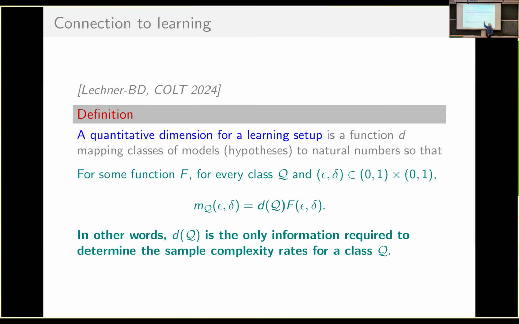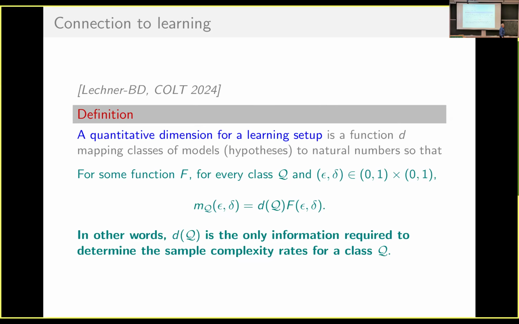You want to have a learning rate. And a dimension is a characterization of the family such that if you knew the dimension, the learning rate just depends on epsilon and delta. It tells you how complex the family is. Now the sample complexity is just a function of epsilon and delta.